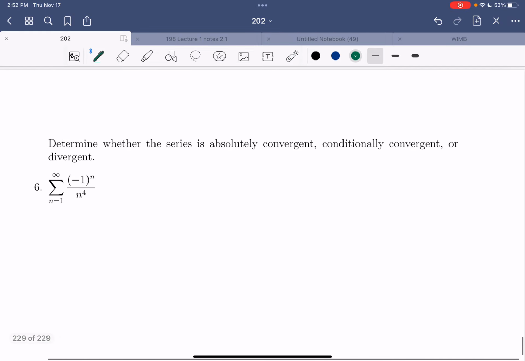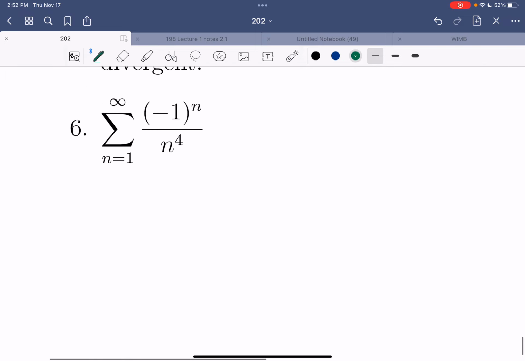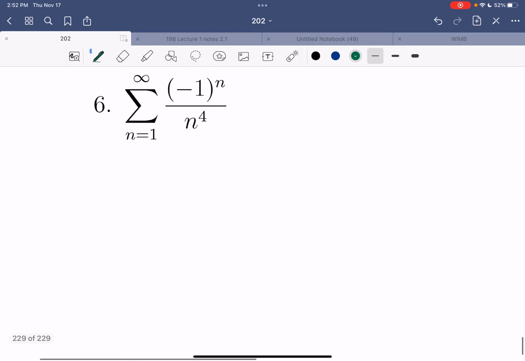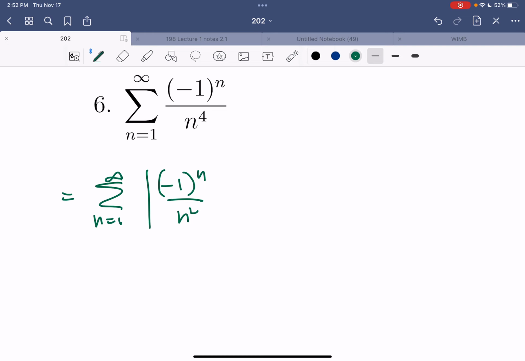And then lastly, the last thing we want to show is determine whether a series is absolutely convergent, conditionally convergent, or divergent. And so remember that we're looking for whether the absolute value of the series converges. So you're looking at n equals 1 to infinity, the absolute value of negative 1 to the n over n to the fourth. And that's just the series n equals 1 to infinity of 1 over n to the fourth, right?